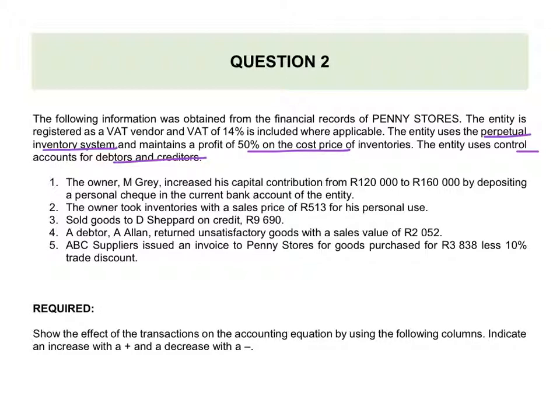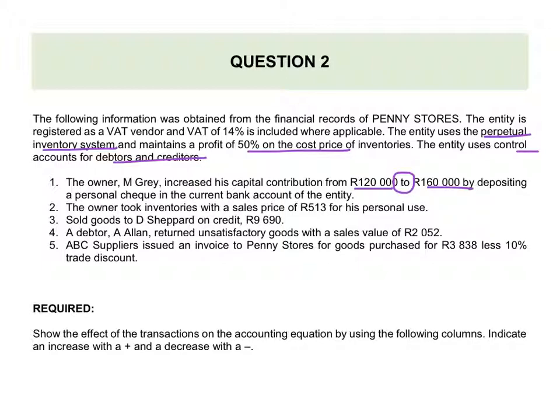The owner increases his capital contribution from 120 to 160. If they said he increased his capital contribution with 120,000, then the amount will be 120,000.